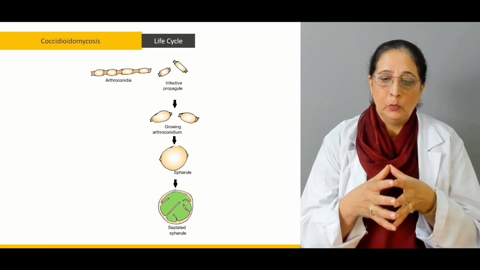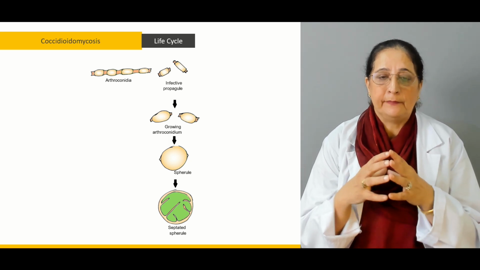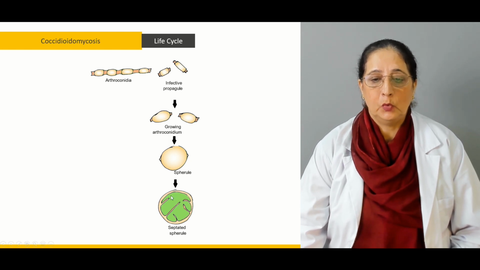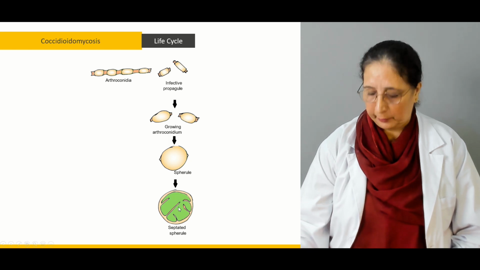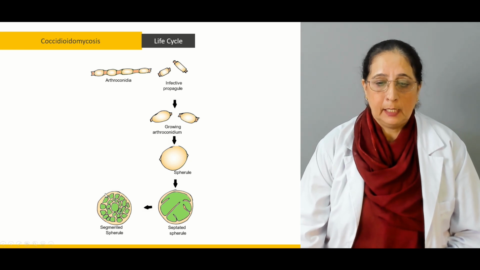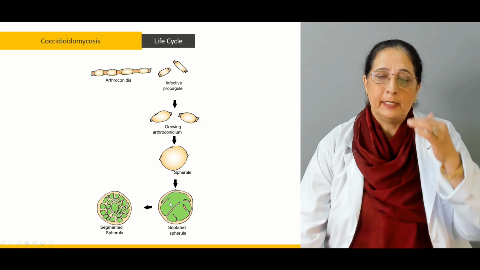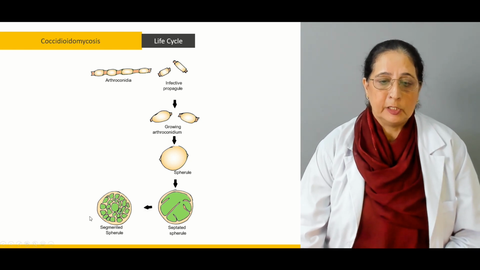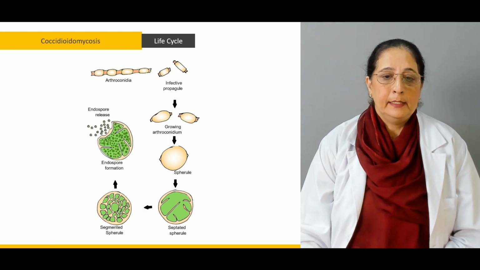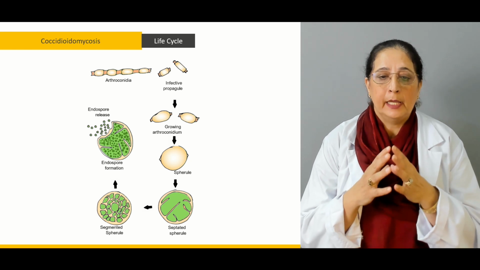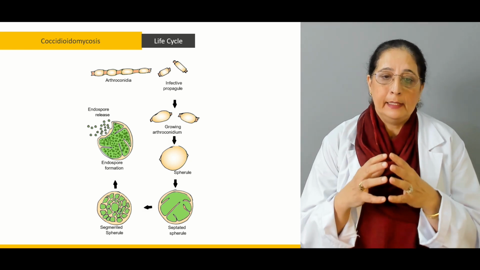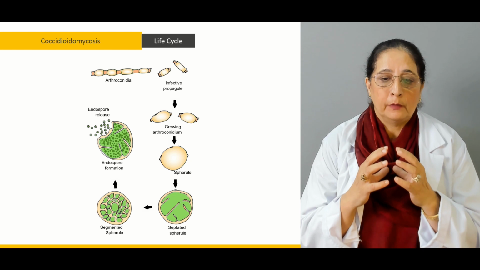This spherule then forms a septated spherule. Now you can see the septa form, and this is known as the septated spherule. This septated spherule then breaks down into different segments, and it's known as the segmented spherule. Inside this segmented spherule, the endospores are formed.